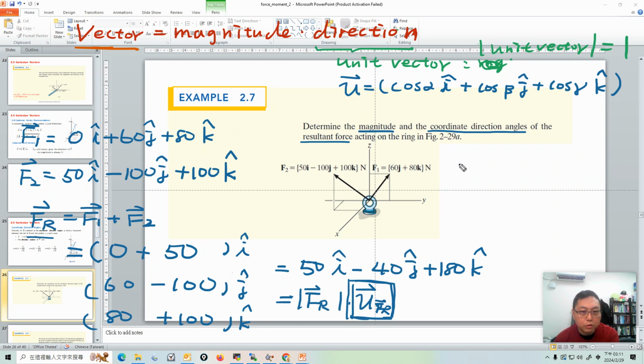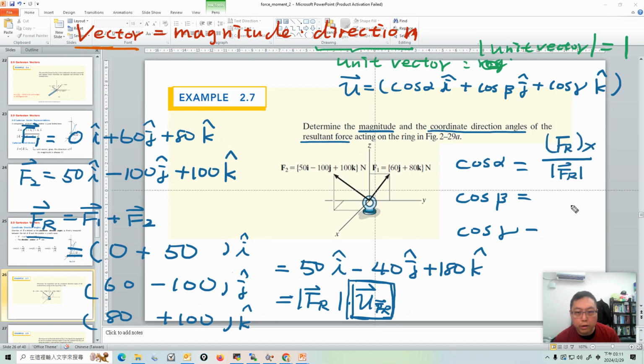So what's the x component of your unit vector? In this case, it's FRx, the x component divided by the magnitude.